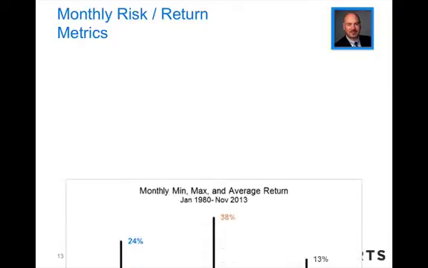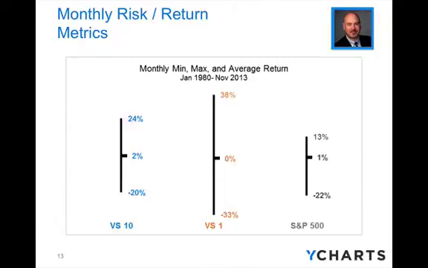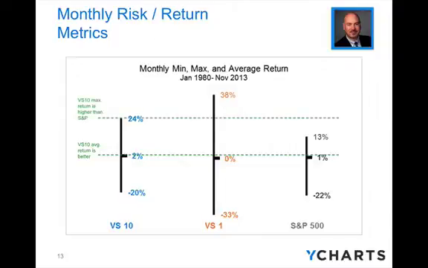So I took a look at the average monthly return, the maximum return, and the minimum return for each of the groups. First thing to note is that the VS10 average return is better than either of the other two. The value score 10 maximum return is well higher than the S&P 500. It's less than the VS1, but this is just a measure of the volatility.